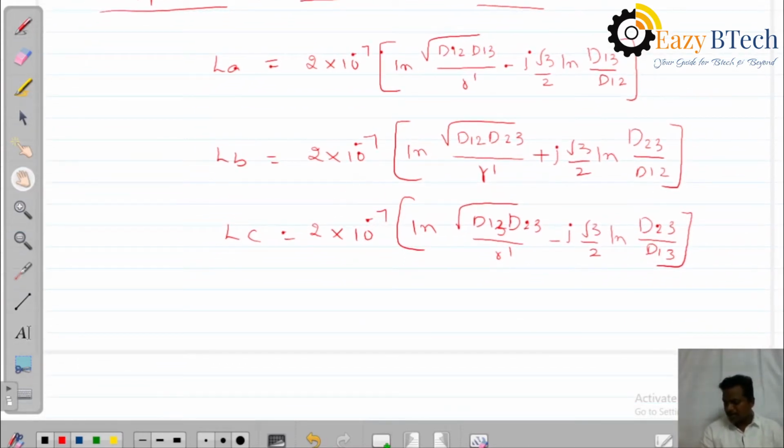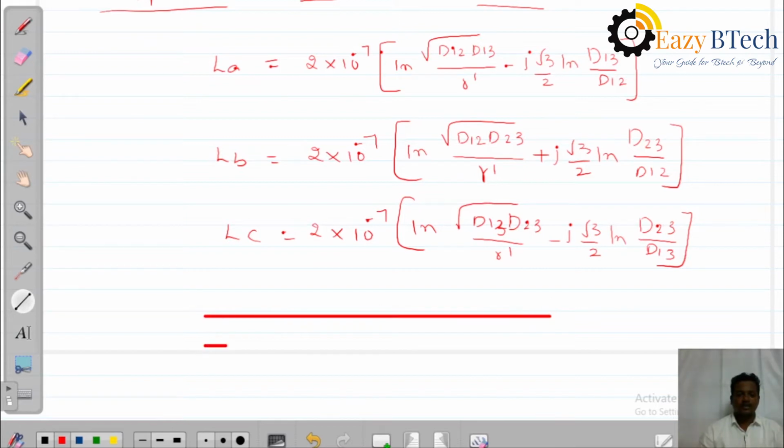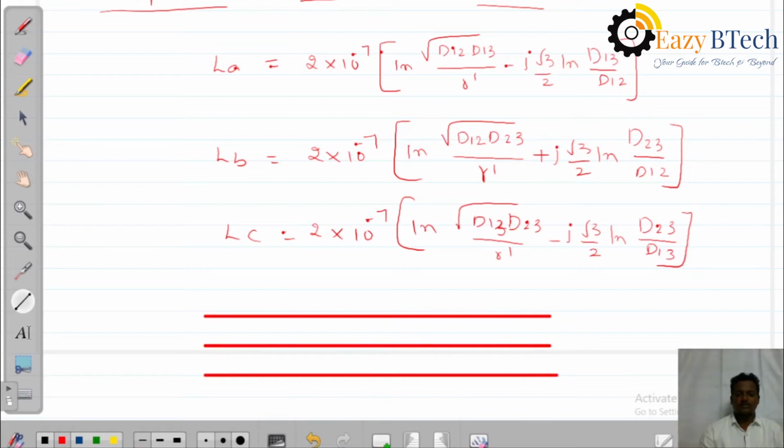Now, assume three transmission lines in the untransposed case: transmission line A, B and C. ABC is there, it is not transposed.